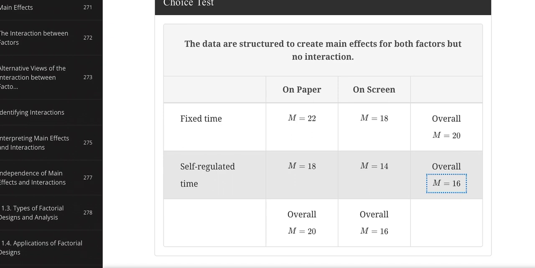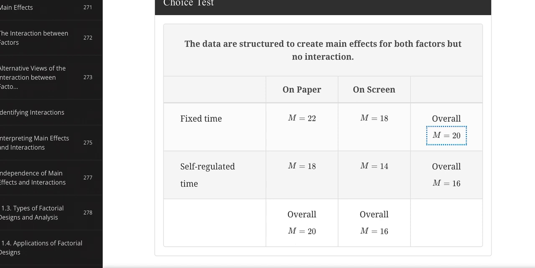And so for this, you could say that fixing the time that they studied, having a set time that they studied, increased the test scores by an average of 4 points, right? Because when they were self-regulated, they scored on average 4 points lower than when they had a fixed time.